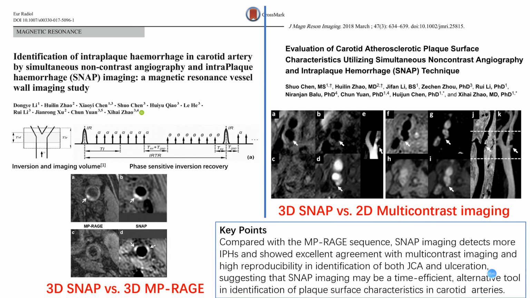The SNAP sequence developed by Chun Yuan's group detects more intraplaque hemorrhage and shows excellent agreement with conventional sequences and multi-contrast imaging in identification of both calcification and ulceration, suggesting that SNAP imaging may be a time-efficient alternative tool in identification of carotid plaque surface and other features.